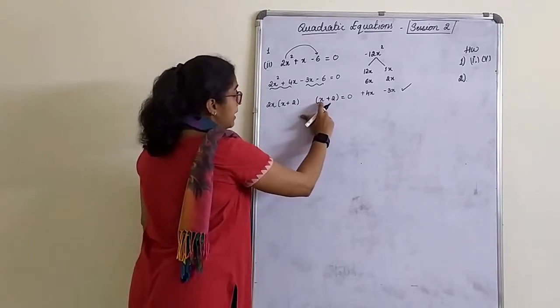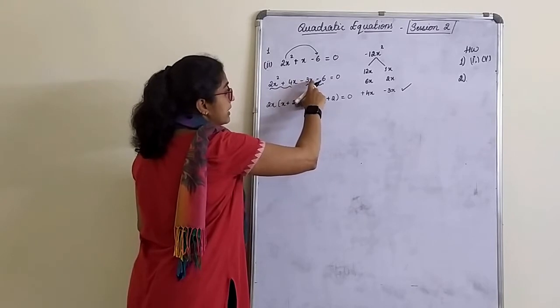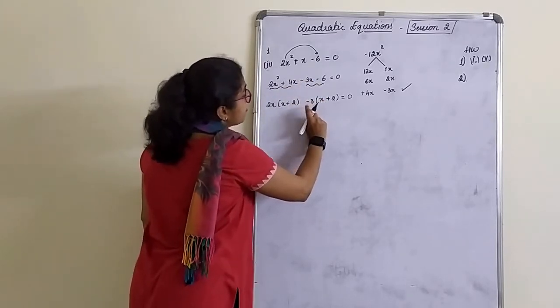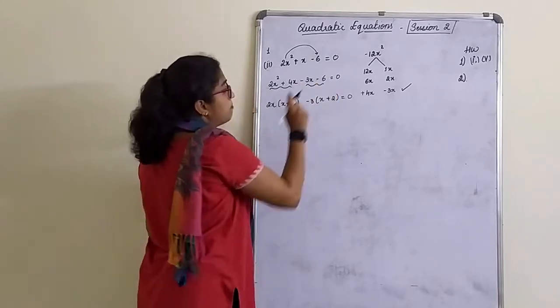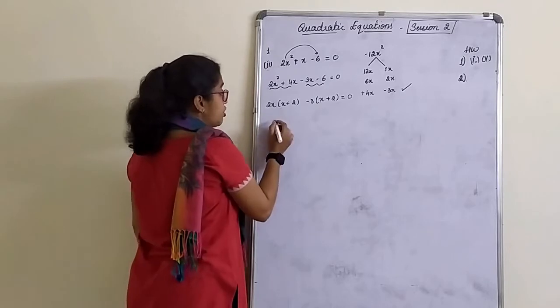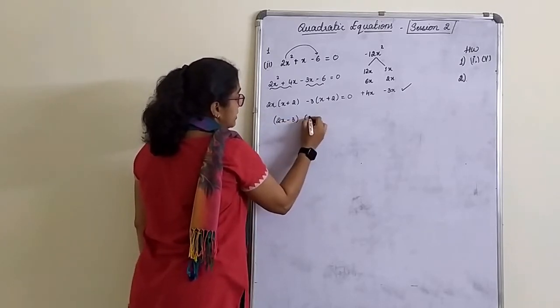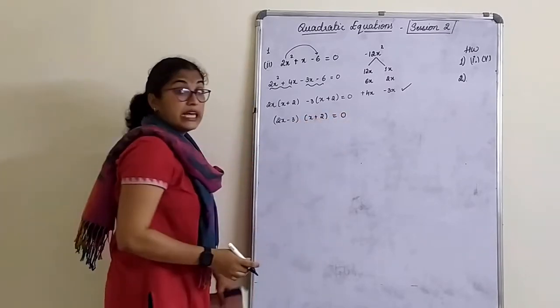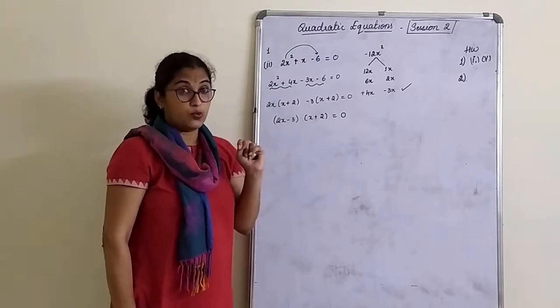Now, x into what number should give you minus 3x? x into minus 3. Minus 3 into 2 should give you minus 6, which is what you are getting. So 2x minus 3 and x plus 2 is equal to 0. These are the factors of the given quadratic equation, correct?